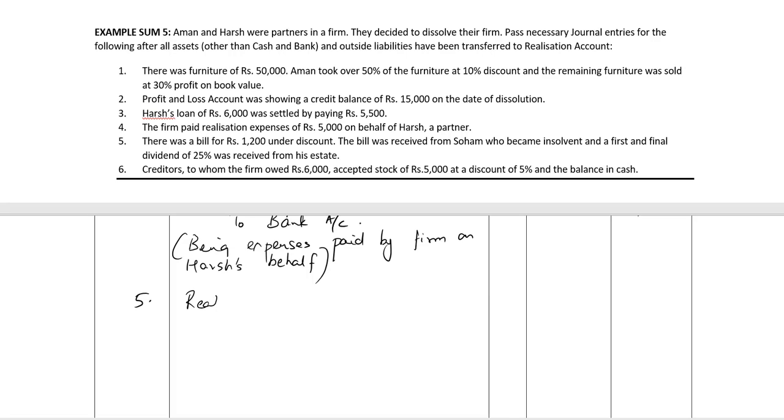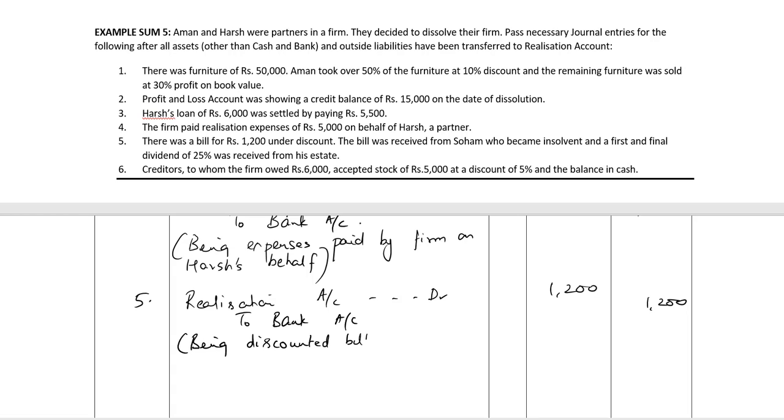So realization account debit to bank account, amount 1,200, amount of the bill. Narration. Being discounted bill dishonored.